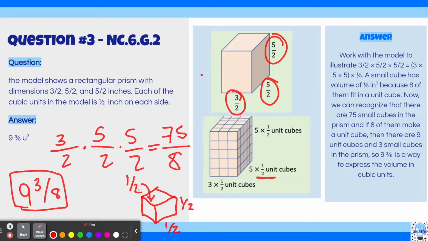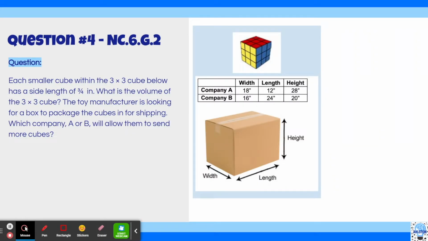So you can also find the volume of this cube and then multiply it by this number. So we have 5 half-unit cubes, 5 half-unit cubes, and 3 half-unit cubes. So when you find the volume of each of these, when you add them together, you should get 9 3/8 units cubed. Okay?